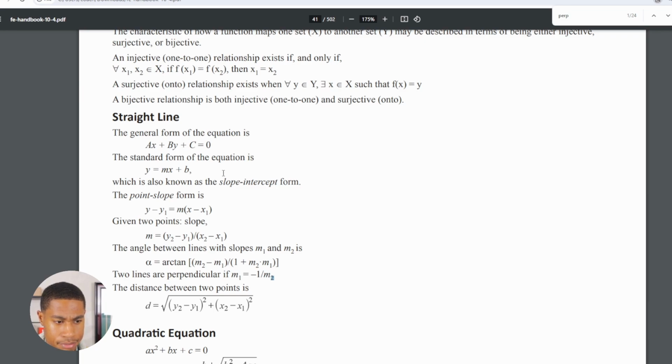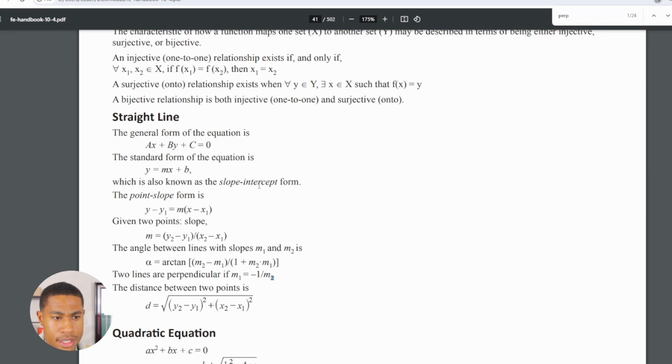It's a pretty popular equation where your m is going to be the slope. Your x is just a point along that line. Your y is a point along that line. And then b is not a point along the line, but it's just a number that defines your equation.